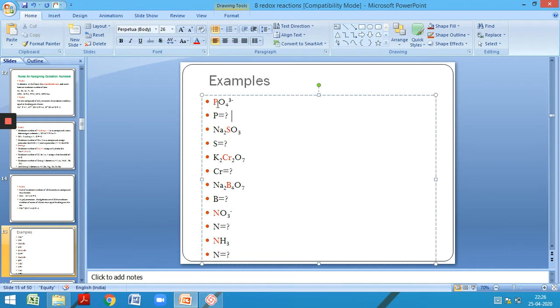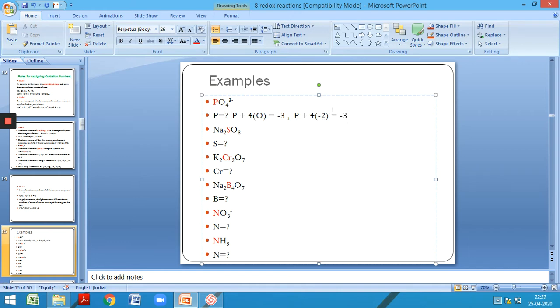What is the oxidation number of phosphorus in phosphate ion? It is a polyatomic ion, therefore the oxidation number of phosphorus plus 4 times the oxidation number of oxygen is going to be -3, where -3 is the charge on the ion. We know that the oxidation number of oxygen is -2 except in peroxides and superoxides, and this is not a peroxide or a superoxide.